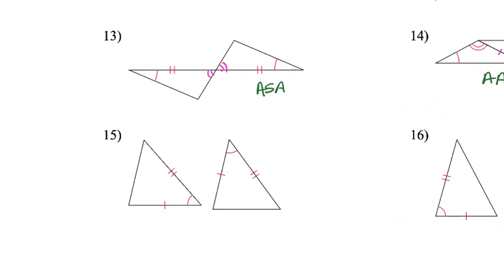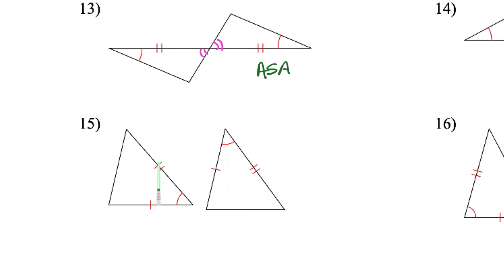Okay. Number 15, I get that this side is congruent to the right one here, and then we have this side is congruent to the left one, and we have that angle that is between them. That's important. That is the angle that is included, that is between the two sides. So that means that this is side, angle, side. If we have any other angle, we cannot prove it. We don't have enough information to prove it.